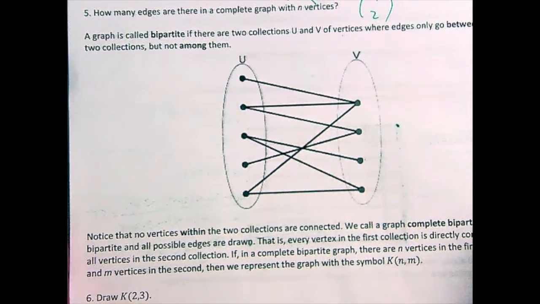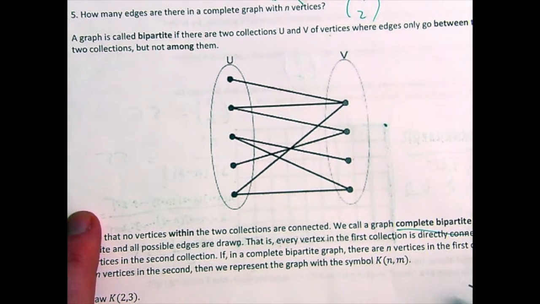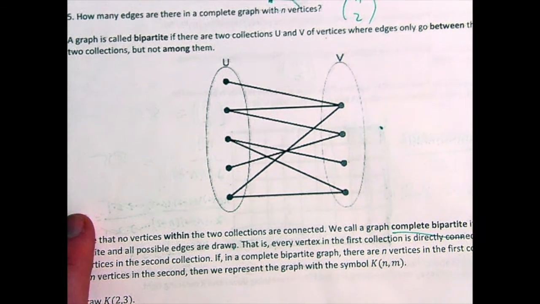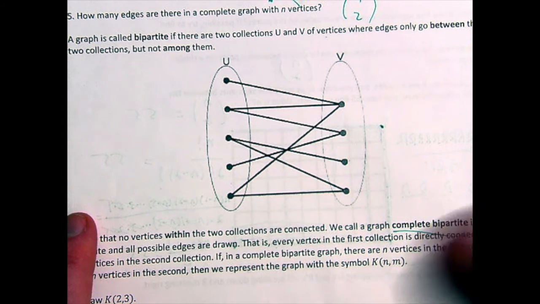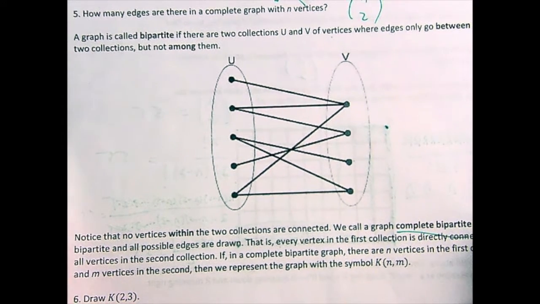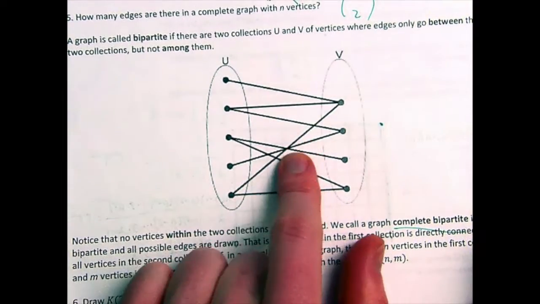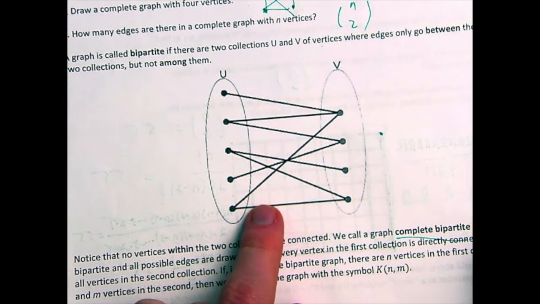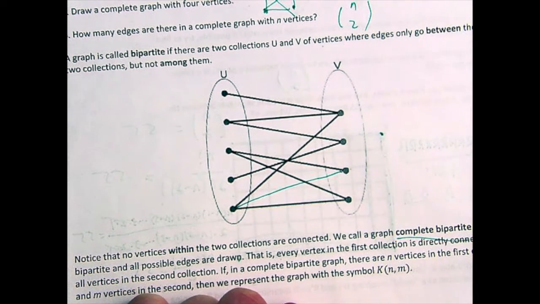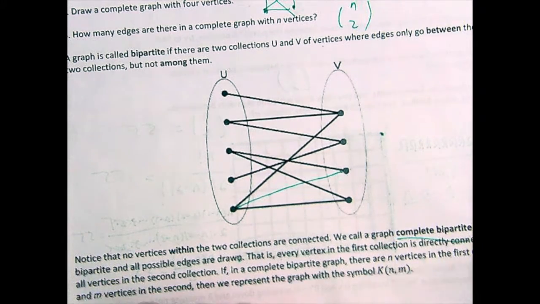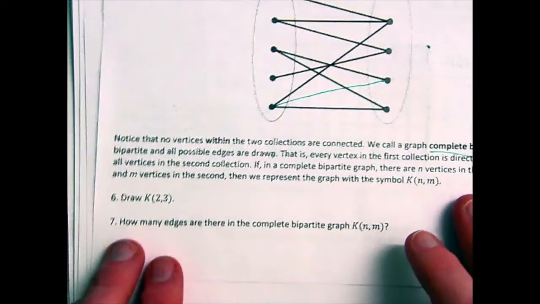And a graph is called complete bipartite if, number one, it's bipartite and every possible edge is drawn, every possible edge while preserving it being bipartite. So this thing is bipartite, but it's not complete bipartite because I could draw this edge right here, and that edge is missing, right? All right. So 6 says draw K2,3.